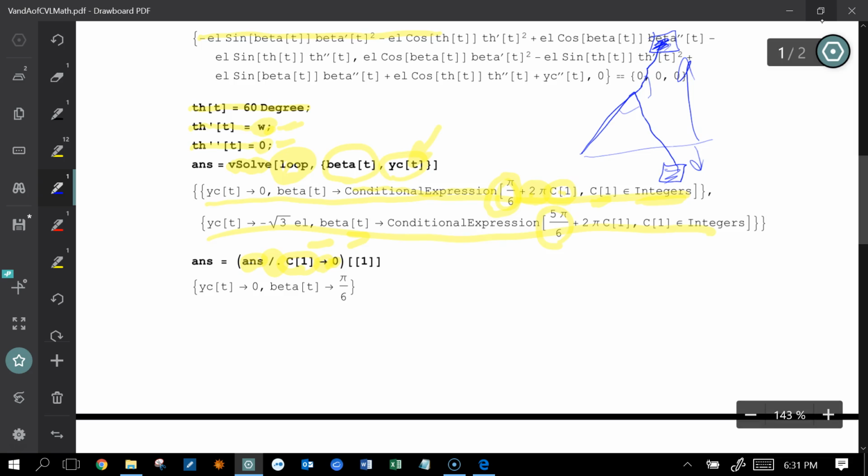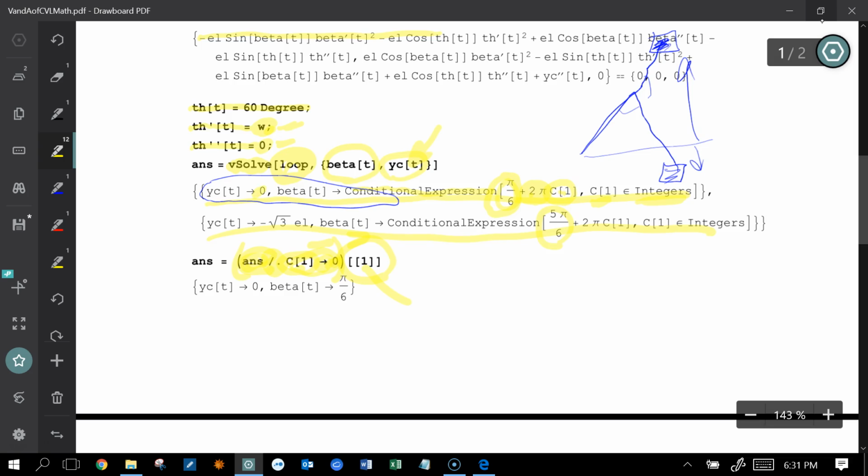Well, which one do you want? You can highlight this with your mouse, cut it, and paste it in. Or what I'm showing is a little more sophisticated. I'm saying, take the C1, put it into the answer, and then in brackets, give me the first solution. That's the double bracket, 1, double bracket. It's weird, I didn't write it, but that's what you do. So that's what it did.